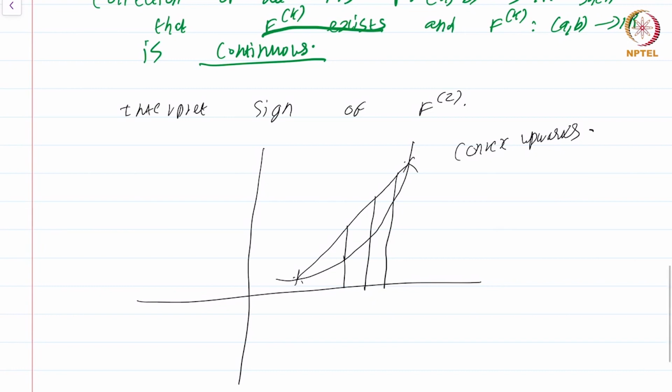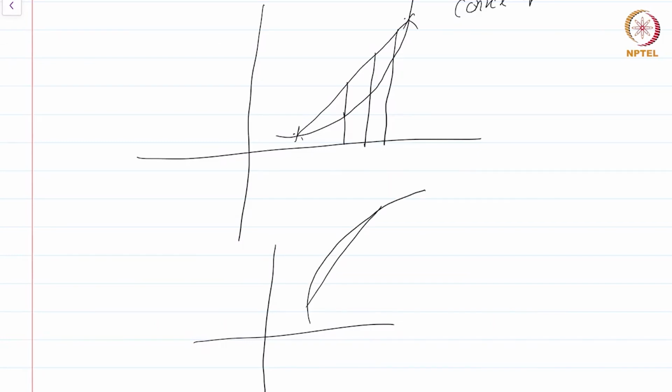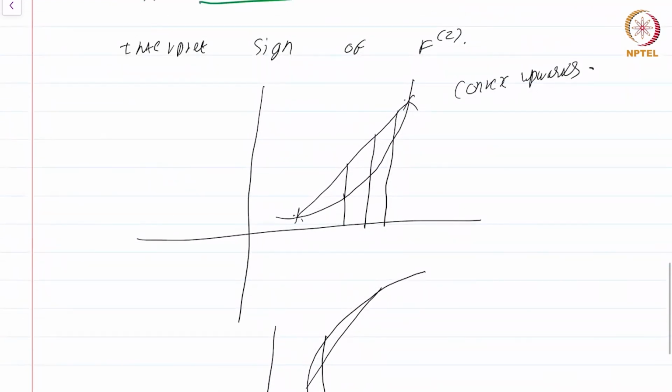The opposite of this is something that looks like this. Here, if you join 2 points with a line, it's not the case that the curve is below the line. Now you might ask, why don't I just call it convex and call this concave? There is a reason why we say convex upwards. This notion of concave or convex depends on which direction you are looking from.